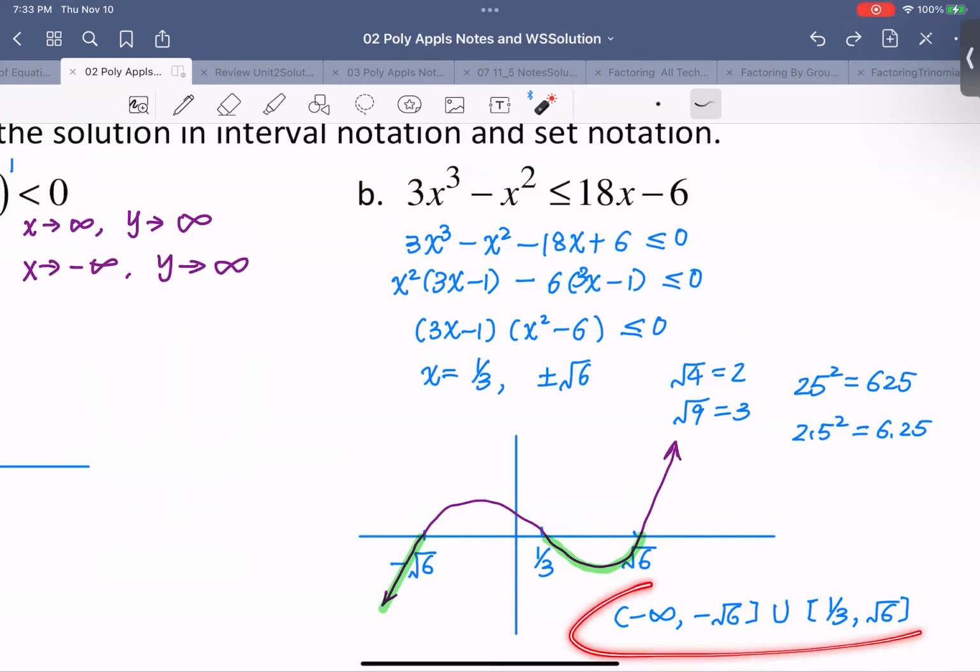Ethan, does this make sense to you now? You choose this piece and you choose this piece. For the negative infinity, you cannot put it equal, okay? This thing is impossible. You always put open parentheses with infinity or negative infinity. So you choose here, which is from negative infinity all the way to negative square root 6, and then from 1/3 to square root of 6. That's what you have here.